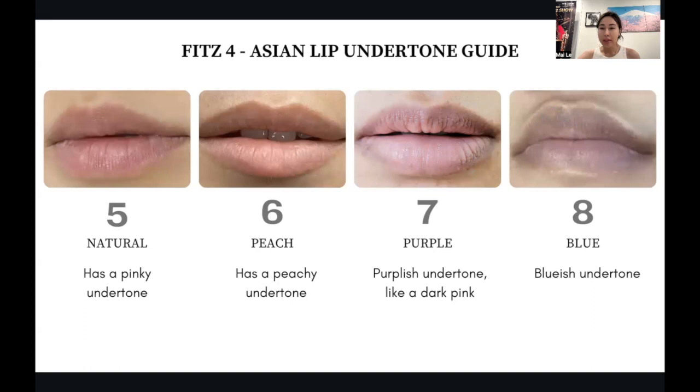When you're new, it's going to be really hard to determine whether this is purple or blue, because if you're just looking at this dark part versus this dark part, you're going to think they look the same.